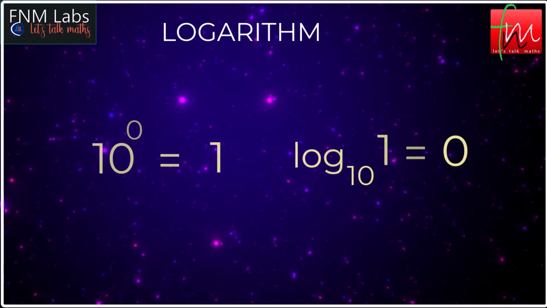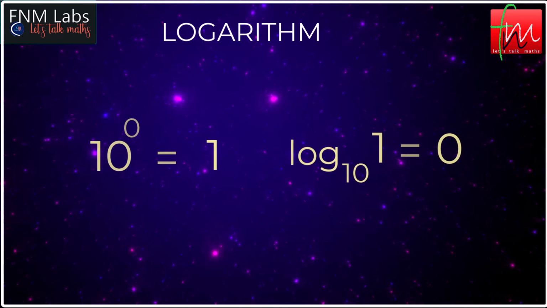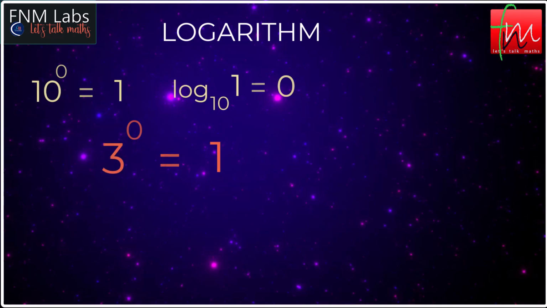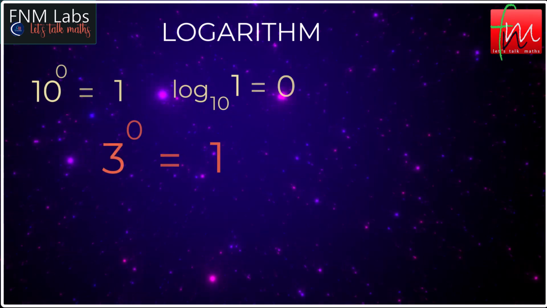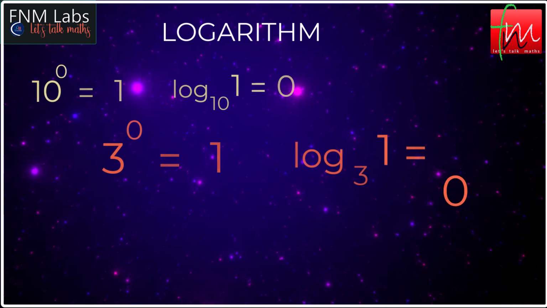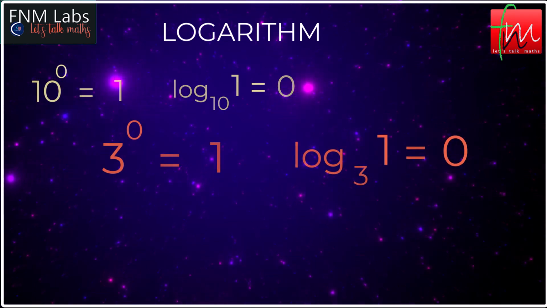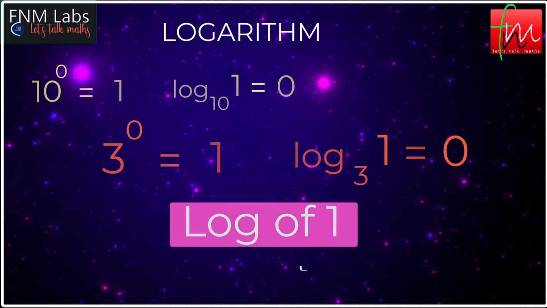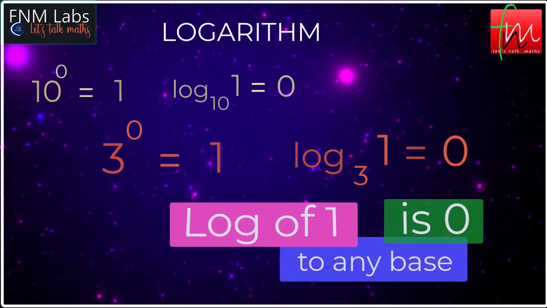In the same way, the fact that 3 raised to 0 is 1 may be put in the logarithmic form as log 1 to the base 3 is 0. Or in general, we can say log of 1 to any base is 0.